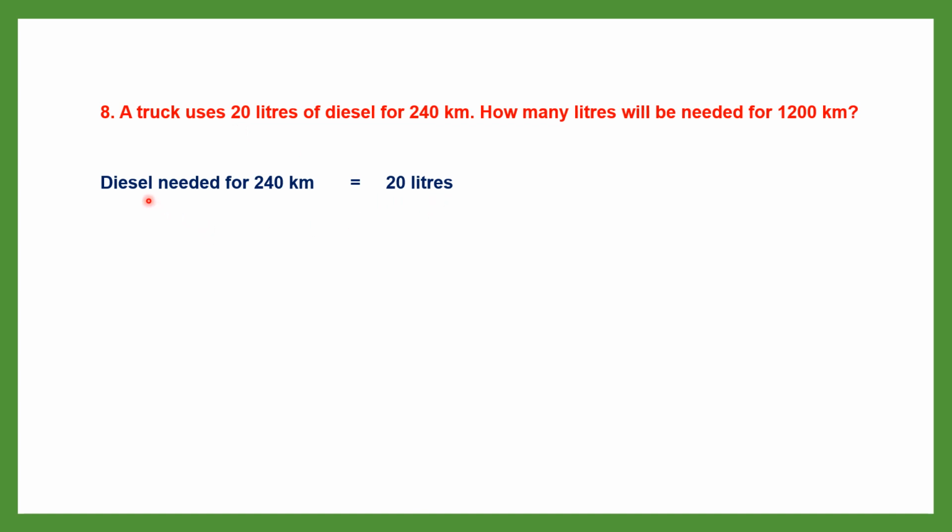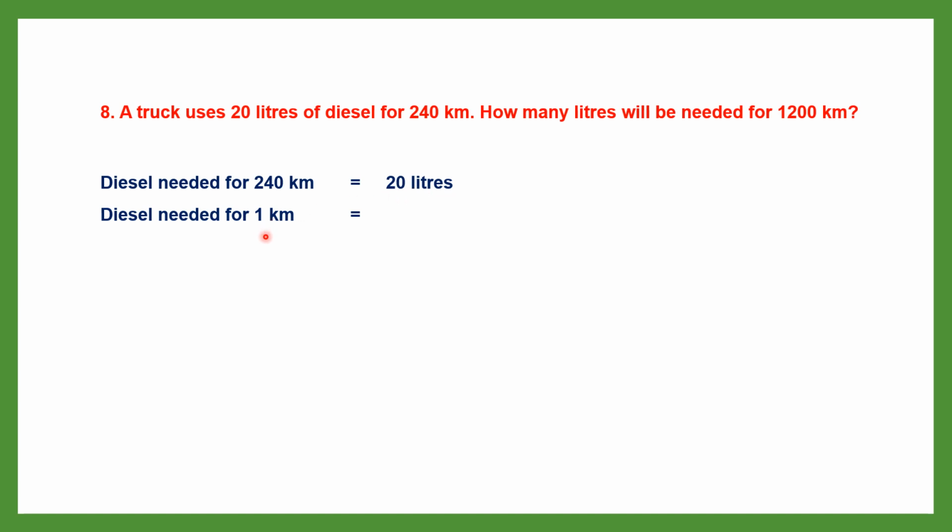So we need to find how many liters of diesel will be needed for 1200 kilometers. 240 kilometers is given. We have to find for 1200 kilometers, first by finding for 1 kilometer. So diesel needed for 1 kilometer. For 240 kilometers, it's 20 liters.